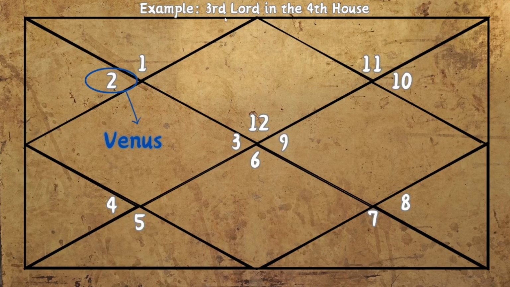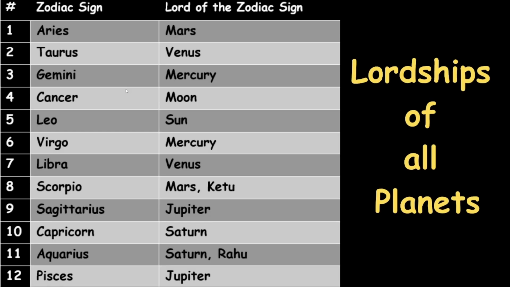For example, if in your chart the third lord is in the fourth house, how do you conclude that? If you see, this is the first house where 12 is written, this is the second house where 1 is written, and this is the third house where 2 is written. Now what is 2? If we look at the table, 2 is nothing but the Taurus zodiac sign.